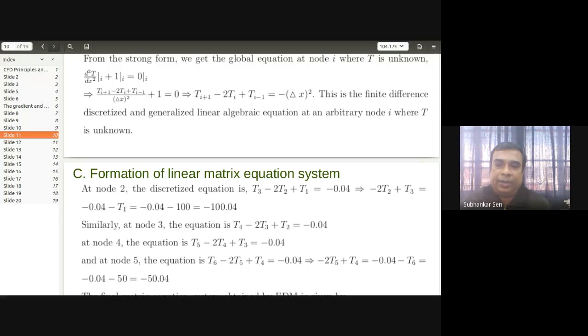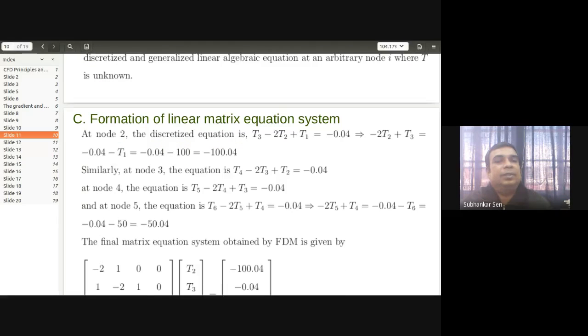It is a known quantity. It is the temperature of the left boundary. So all the unknown quantities we keep in the left hand side, and all the known quantities we shift to the right hand side. So from this nodal point 2, this is the equation: minus 2T2 plus T3 equals to minus 100.04. This is the first equation.